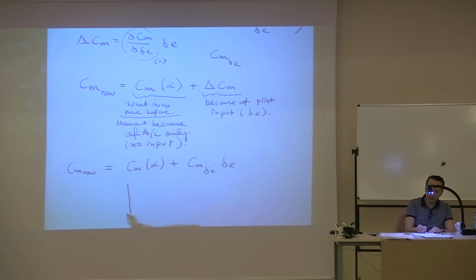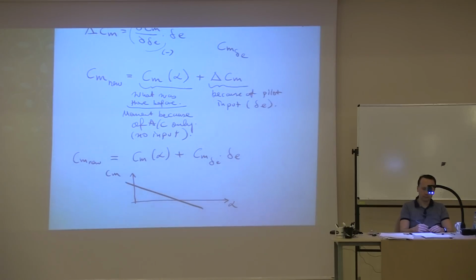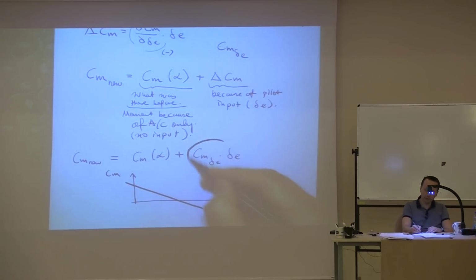So if you plot this, it will look like this. Cm versus alpha. And let's say this was your original graph. And note that this is not a function of alpha anymore.